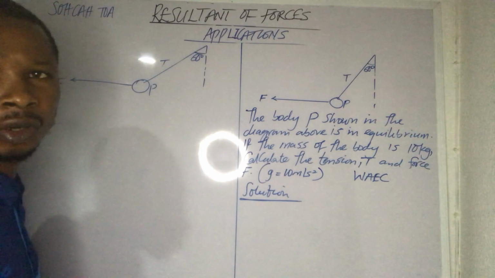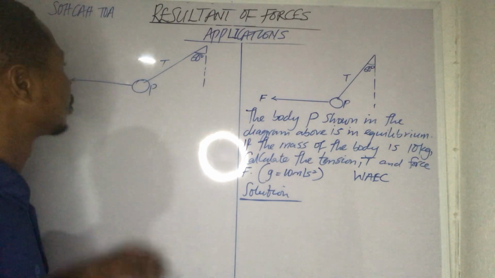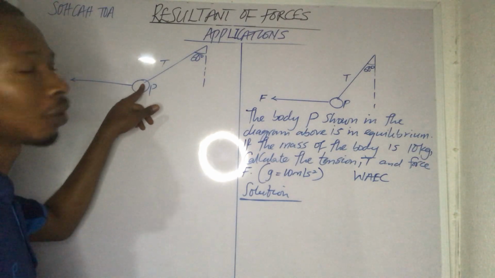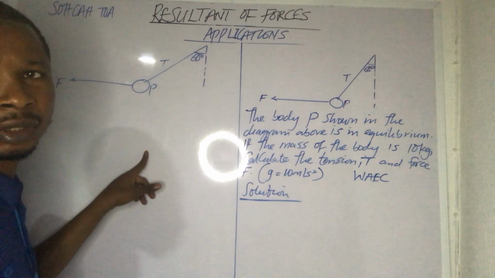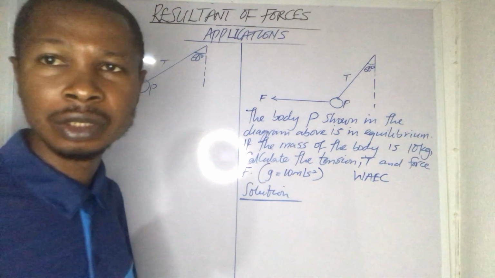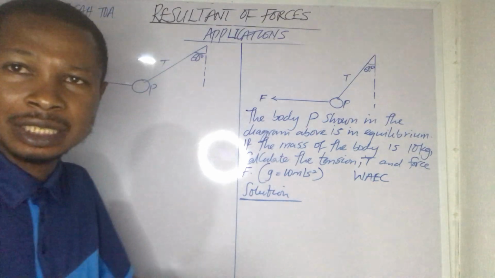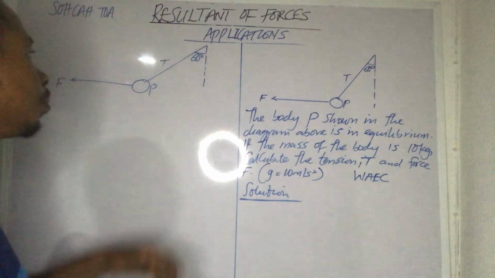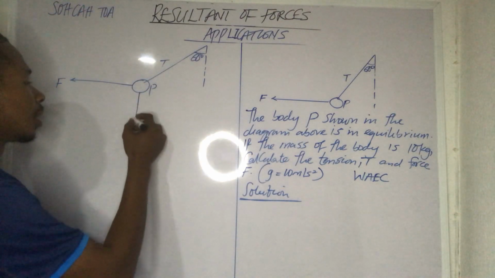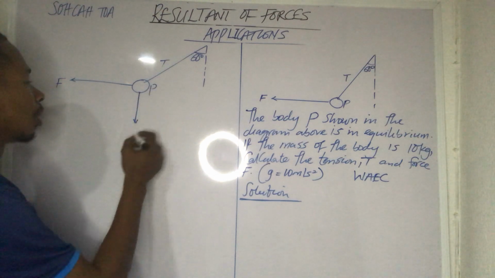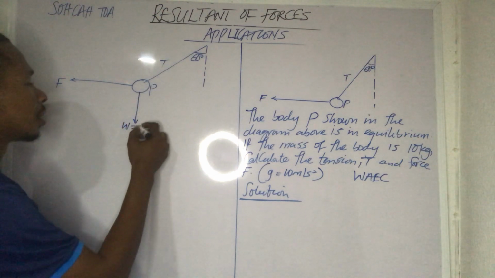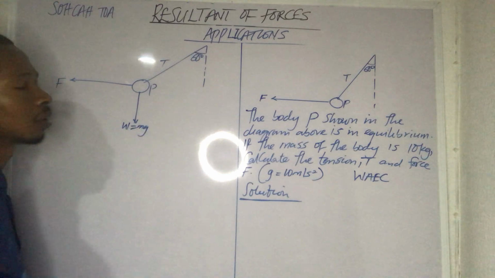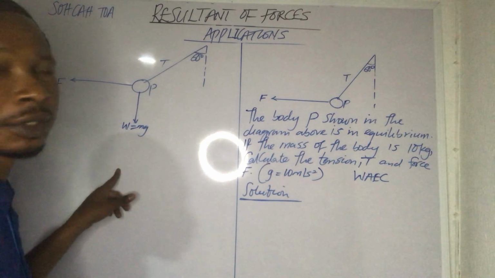Now before you can solve this question, you should recall that the weight of every body or object always acts downward. So the weight of the body P will act in this direction. And don't forget that weight is equal to mg. W is equal to mg.